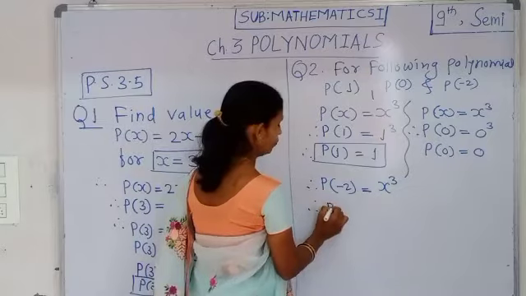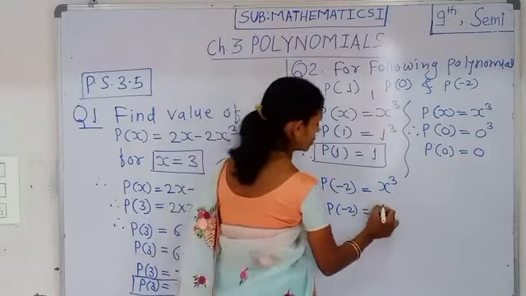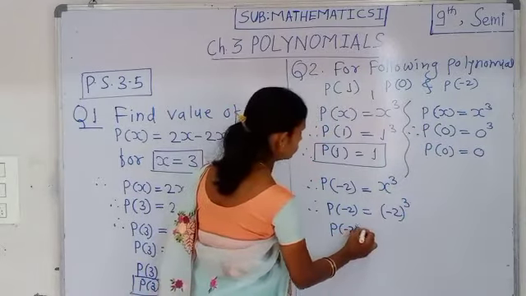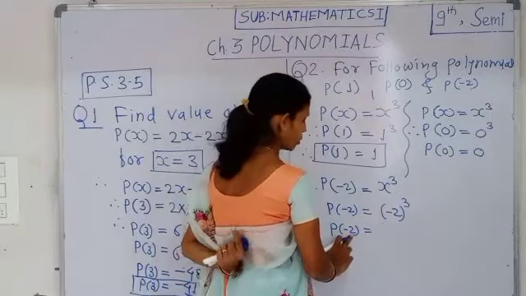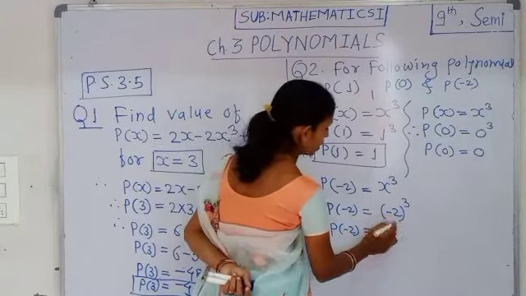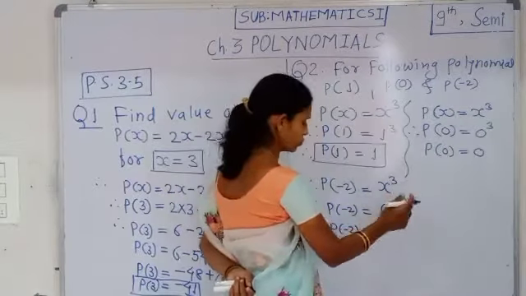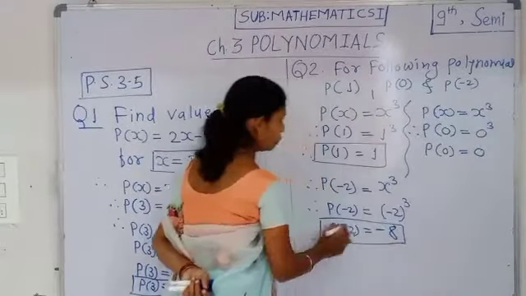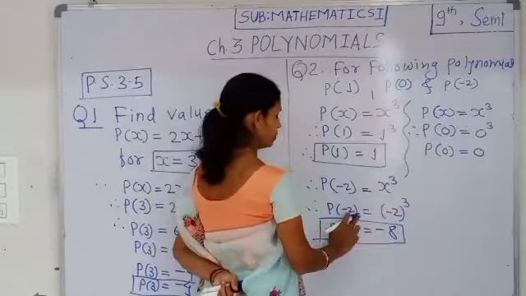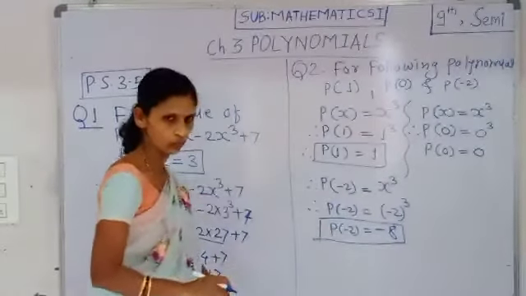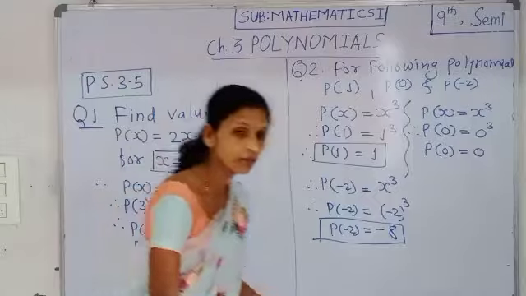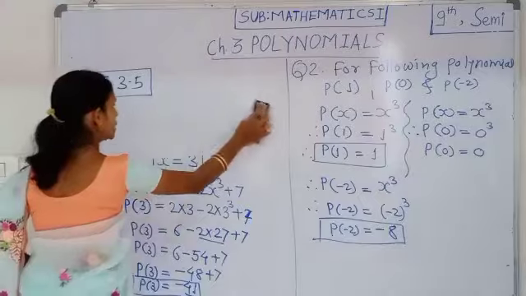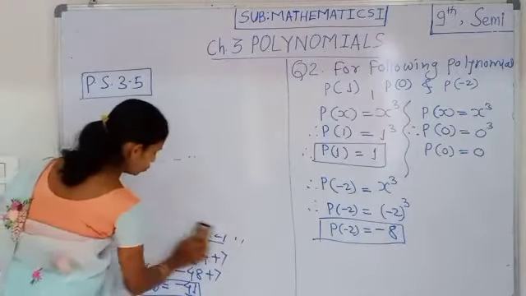Therefore p(minus 2) equals minus 2 cube, that is minus 2 into minus 2 into minus 2, that is minus 8. That is the value of the polynomial x cube for x equals minus 2.